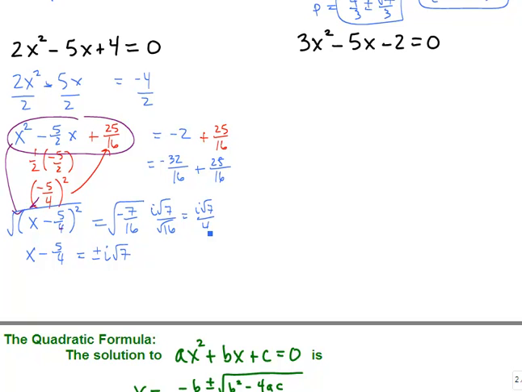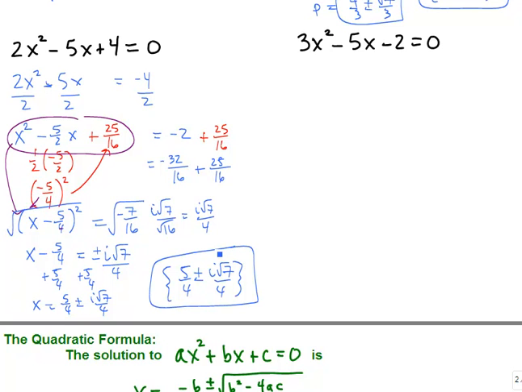So you want to reduce the denominator to 4. So we get plus or minus i square root of 7/4. The last thing I'm going to do is add 5/4 in front. So my solution is 5/4 plus or minus i square root of 7/4.